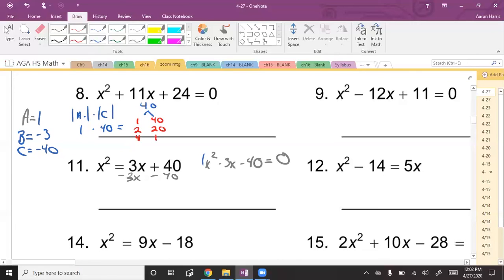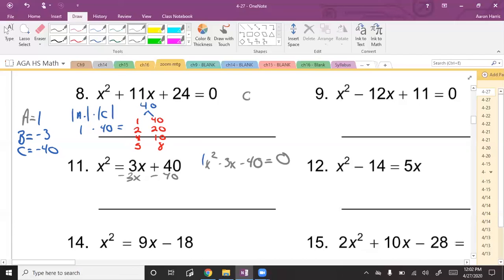Yeah, 4 times 10. 5? 5 times 8. 6? No, that doesn't work. 7? And then 7 times 5, but 5 is already there. And 8's already there, right? Yep. So I'm done.